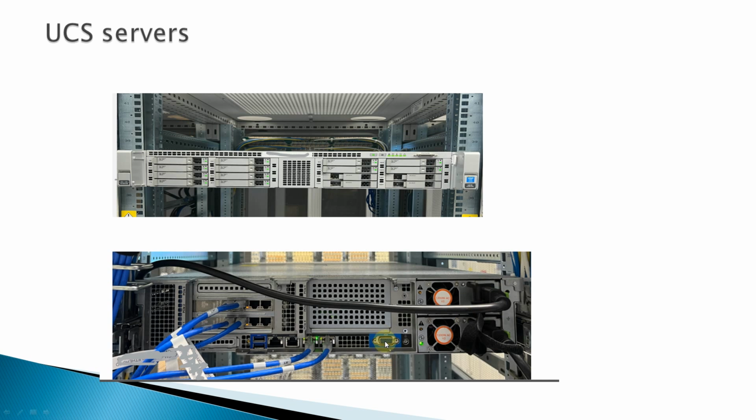This is the console port for connecting your monitor. These are the network cables through which the traffic goes through the network, and these are the management ports and iLO port, right? And here is one sticker on which the serial number of this device is written, might be here or somewhere here, right?